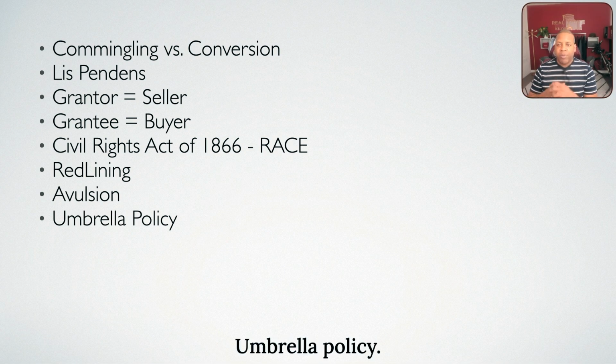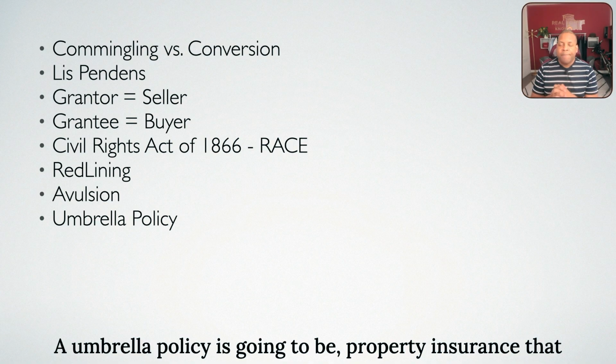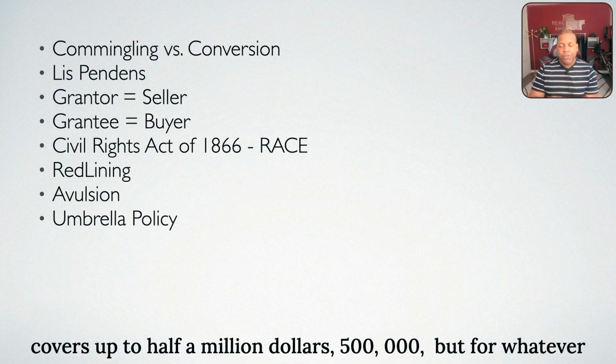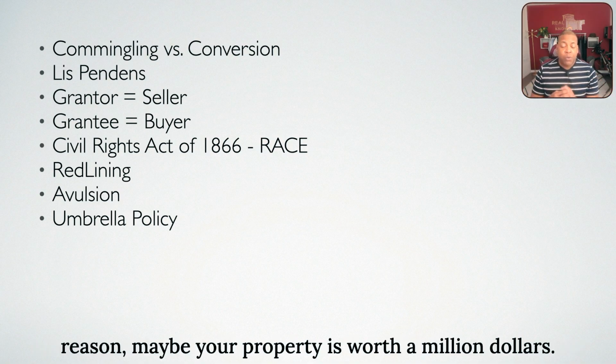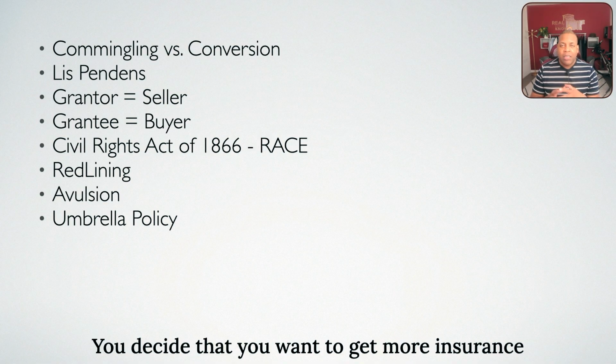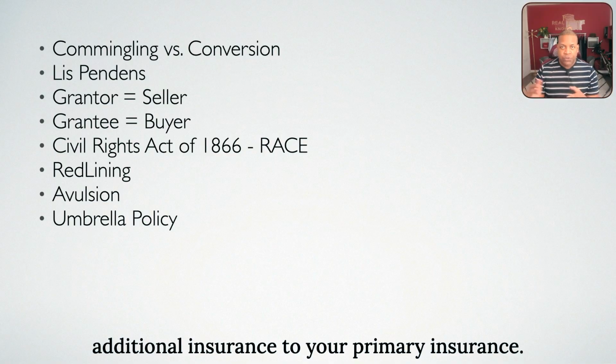All right, umbrella policy. An umbrella policy goes with property insurance that covers up to $500,000. But maybe your property is worth $1 million, so you decide you want additional insurance on top of your primary insurance.